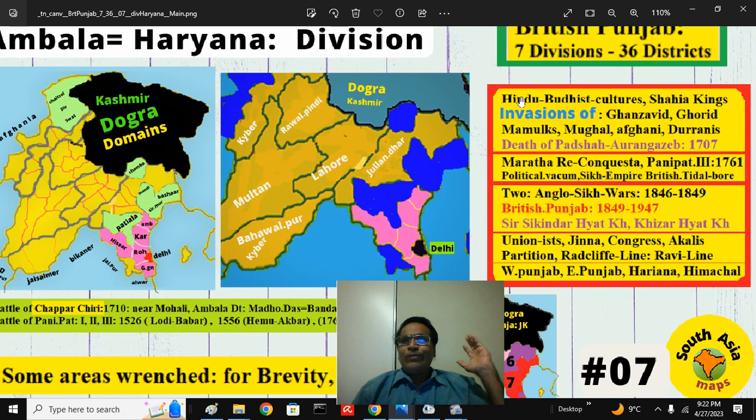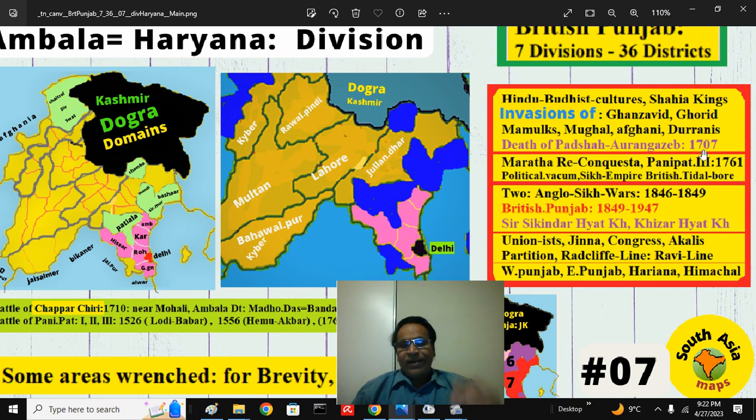Then we had Hindu-Buddhist cultures, Pathan rulers called Shahia rulers, who waged relentless battles, forming the bulwark against Islamic imperialism, and the Ghaznavids and Ghurids, finally they fell through. Then the conquering of Bharat by Mamluks and Mughals, Afghan Durranis, and the death of the last powerful Mughal emperor at Ahmednagar in the Balaghat region, in the Desh territory of Maharashtra in the Deccan, 1707.